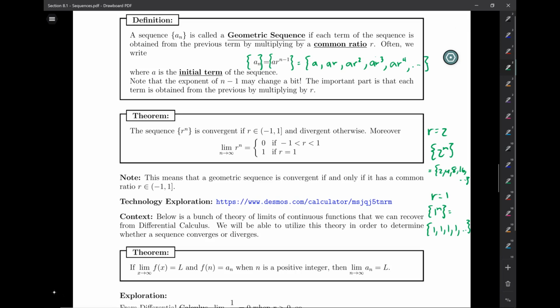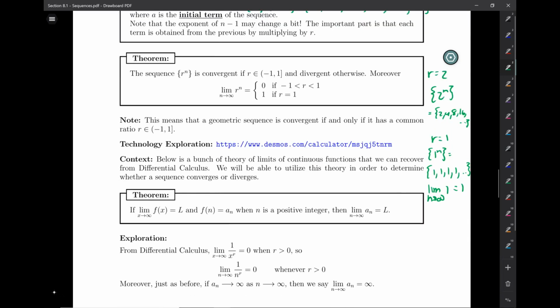So this is an example of where the terms of the sequence are the limit themselves, right? We know that the limit as n approaches infinity of 1 would just be 1. So we have a piecewise function essentially: the geometric sequence converges as long as the r value is between -1 and 1. It will converge to 0 if r is strictly between -1 and 1, and it will converge to 1 if r is equal to 1.